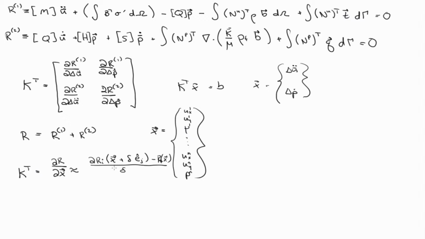The ith component of the residual R is a function of the vector X, right? And if we perturb it by some unit vector, and we talked about what this is, this will be a finite difference approximation. Anyway, so we have this residual vector, and we can construct a tangent stiffness matrix like that, and we can use it in a gradient-based Newton-type iteration, okay?